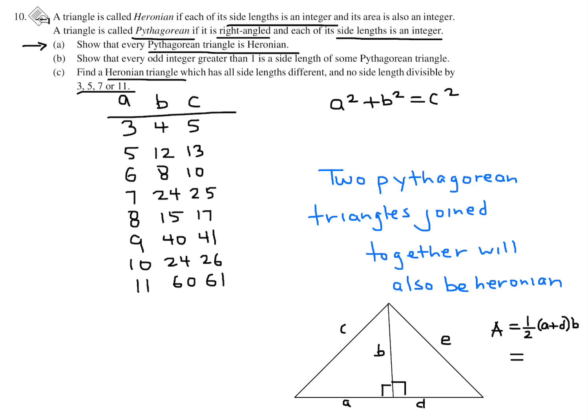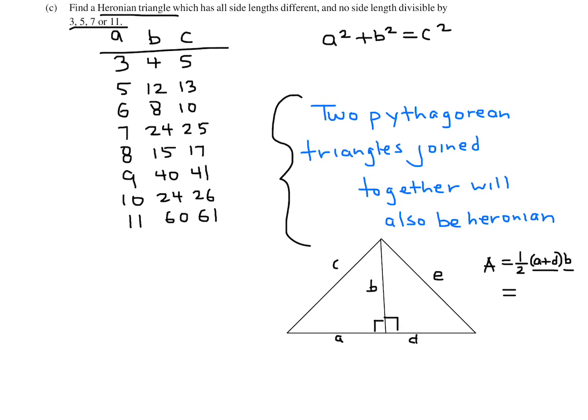And therefore, it will be a Heronian triangle. And that's because at least one of these is even: at least B is even, or the sum of A plus D is even. And we showed that in the previous part of the question. I believe it was part A. So this is what we're going to work with to figure this out.